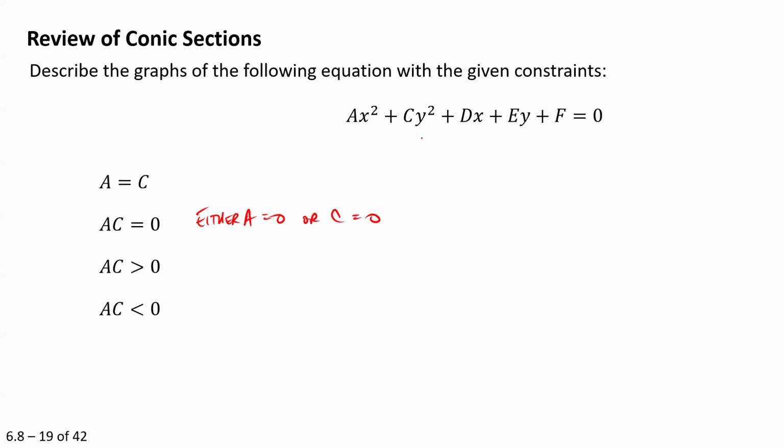So one of these two things drops out. So we either have an x squared but no y squared, or vice versa.